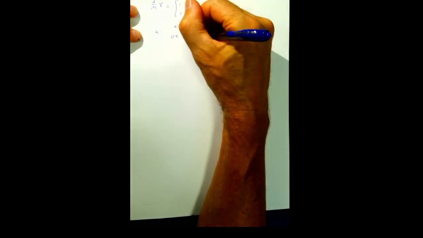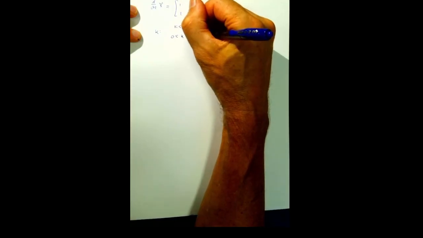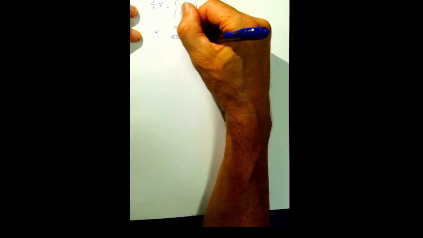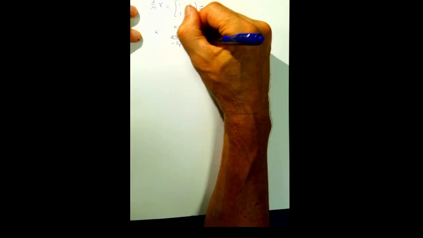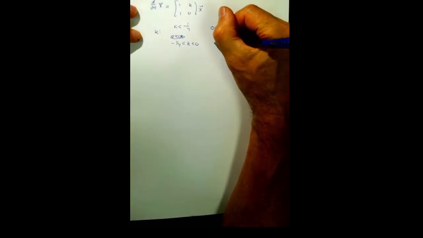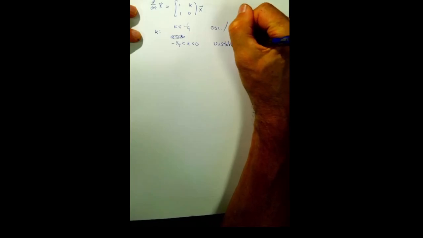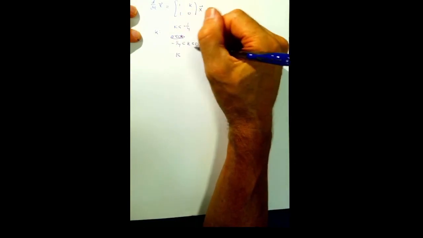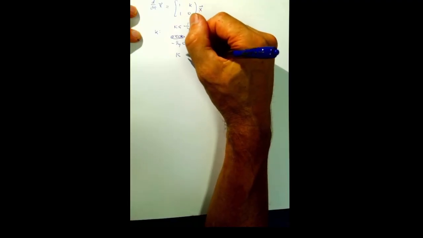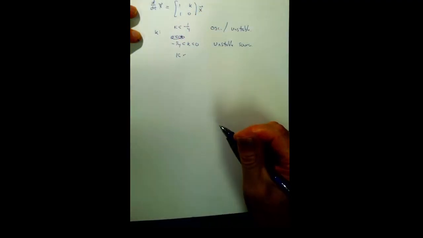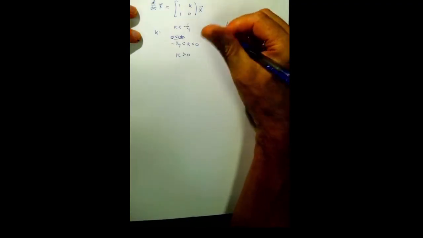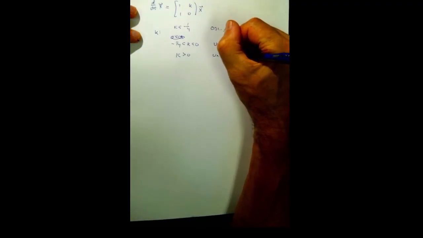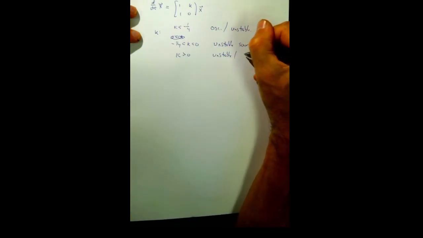If k is between -1/4 and 0, then it's going to be an unstable source. And if k is greater than 0, it's going to be an unstable saddle.